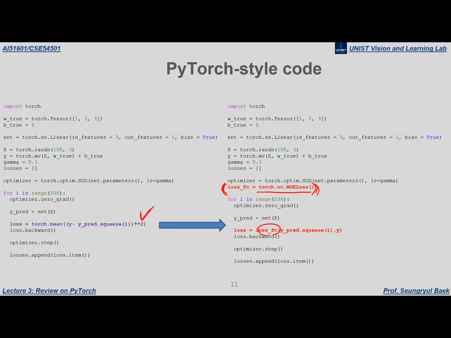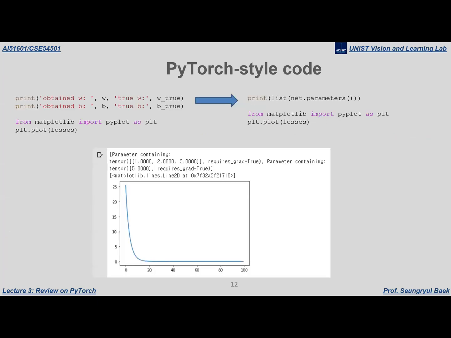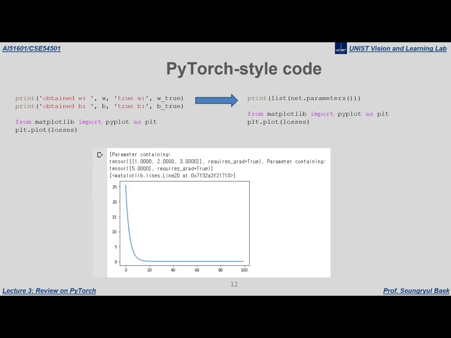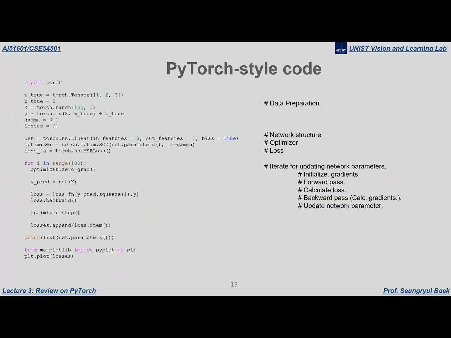So this is more convenient to implement. Their functions are the same, but the implementation becomes easier. The results are the same as before. The PyTorch style code is easier to implement, but the same in function.